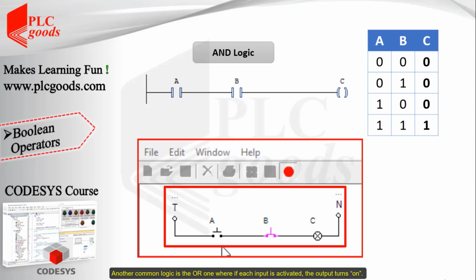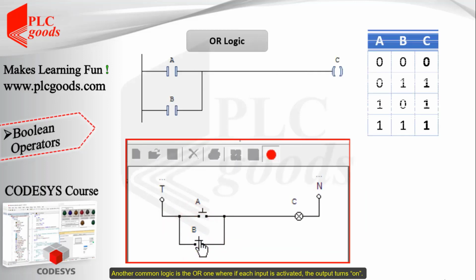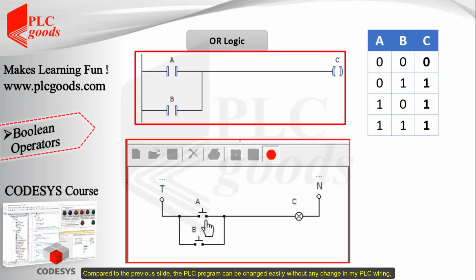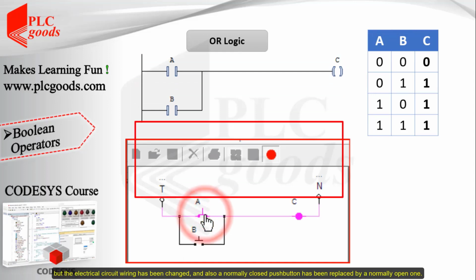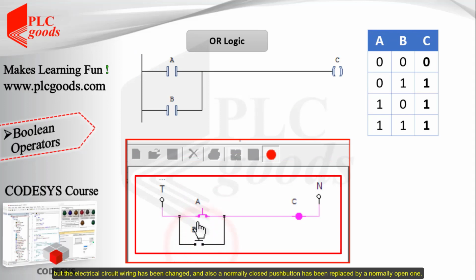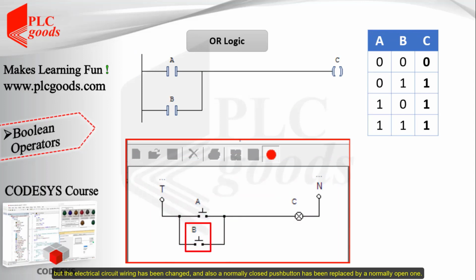Another common logic is the OR one, where if either input is activated, the output turns on. Compared to the previous slide, the PLC program can be changed easily without any change in my PLC wiring, but the electrical circuit wiring has been changed, and also a normally closed push button has been replaced by a normally open one.